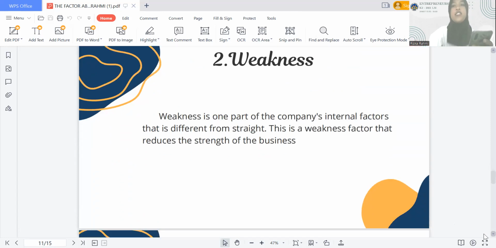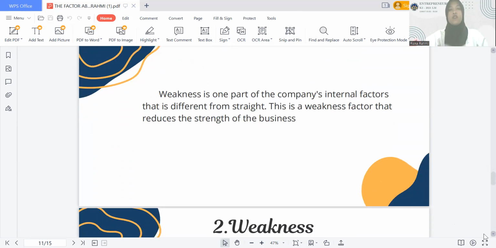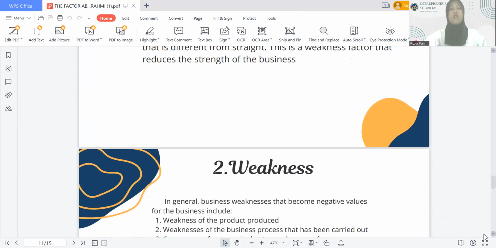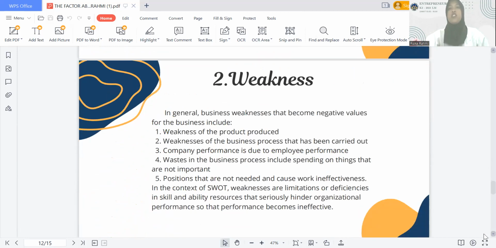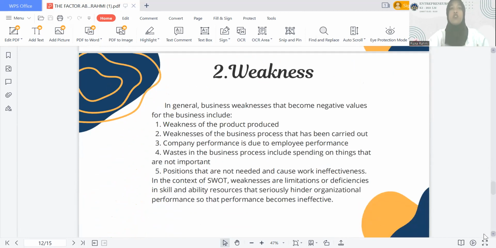And the next is weakness. Weakness is one part of the company internal factor that is different from strength. This is a weakness factor that reduces the strength of the business. In general, business weaknesses that become negative values for the business include number one, weakness of the products.